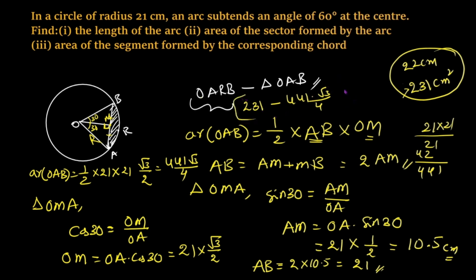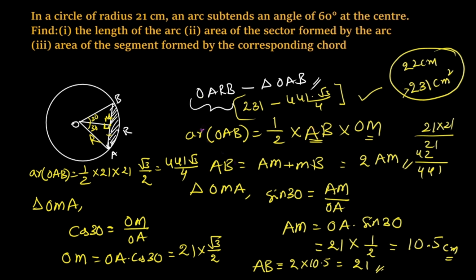So this is the area of the segment. You need not simplify this, you can keep it as it is, because otherwise you would get decimal numbers and decimal calculations. You can just put the area of the segment is 231 minus 441 into root 3 by 4. This is our final answer.